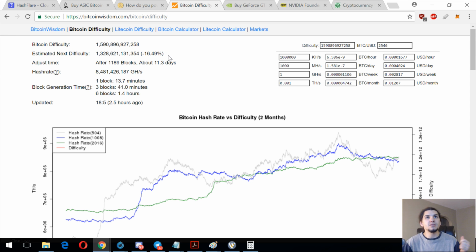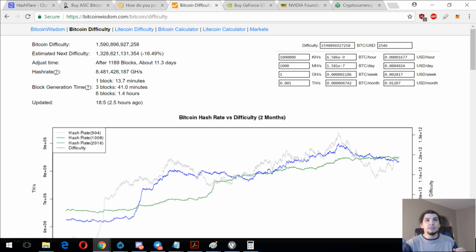Anytime there's more competition, blocks start getting generated faster, and then difficulty gets increased to slow it down, and then profitability goes down. And anytime competition leaves, like right now, there are more people mining Bitcoin Cash than Bitcoin, so there's less competition and fewer miners in Bitcoin.